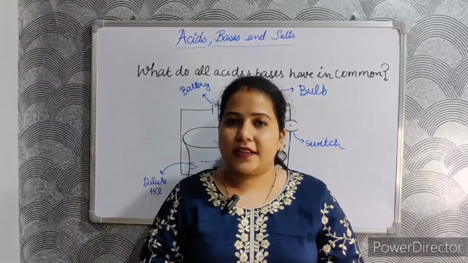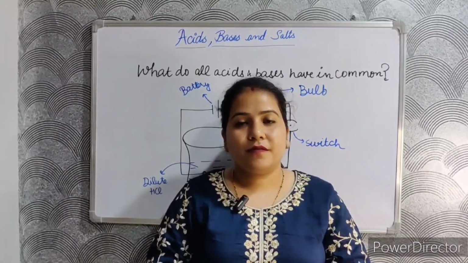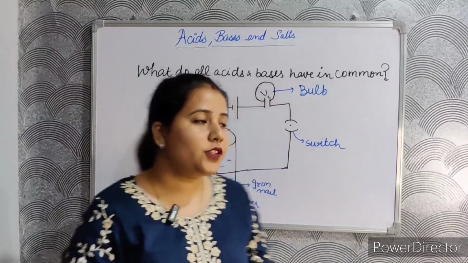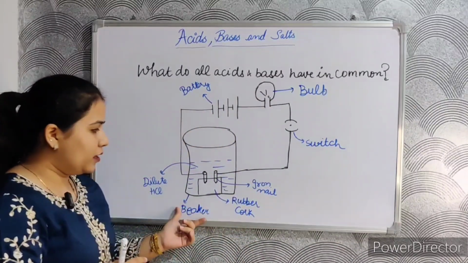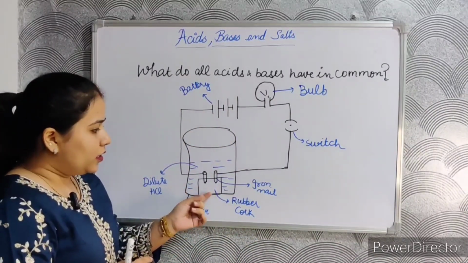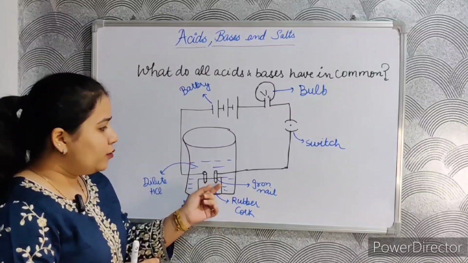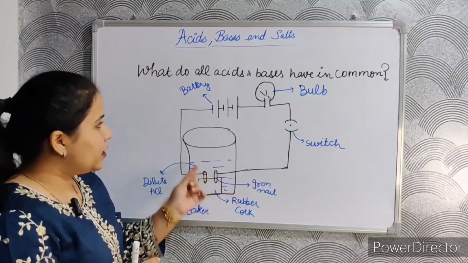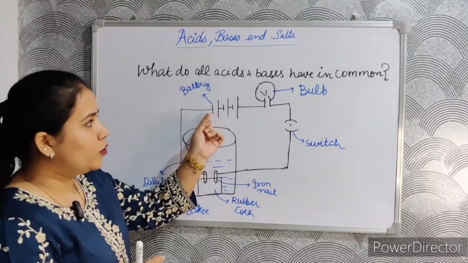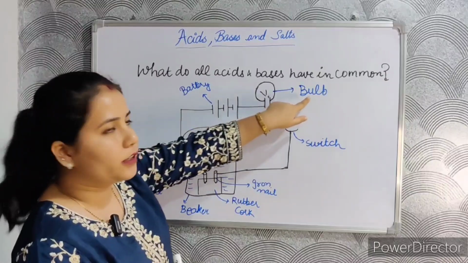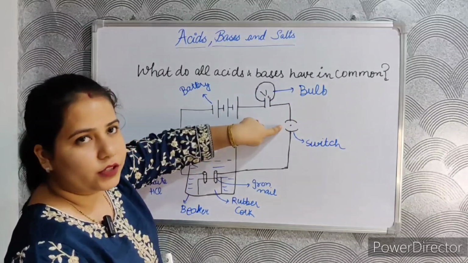Now to prove that acids are good conductors of electricity, we will observe an experiment in which I have taken one beaker with a rubber cork and 2 iron nails, connected to a 6-volt battery, and further connected to a bulb and a switch.